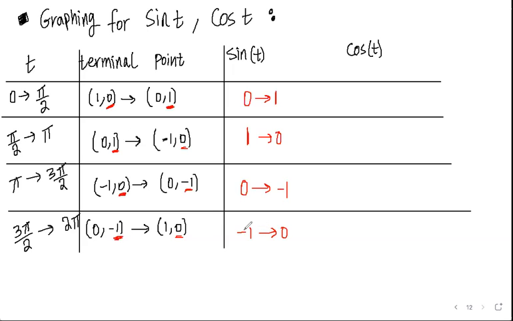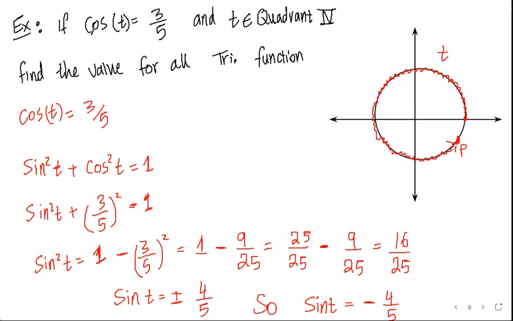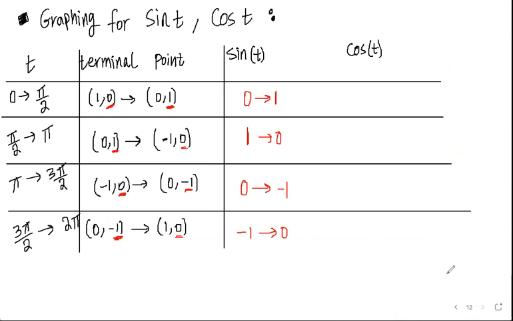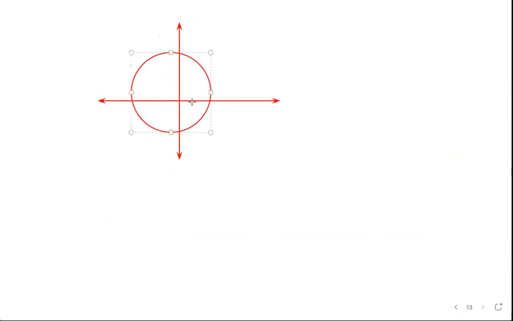How do I get negative 1 and 0? This is the terminal point. Negative 1 and 0 here is the terminal point. I mean, if I walk around the unit circle like this, and I stop at this point, it is -1 and 0, and t here is pi. Here's my unit circle.